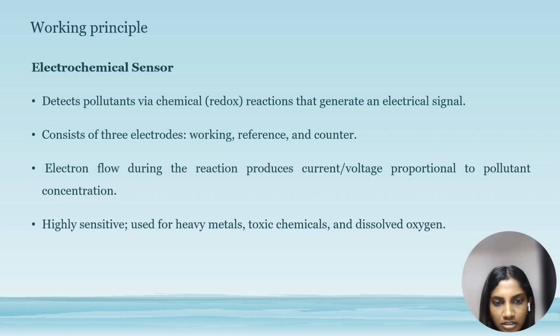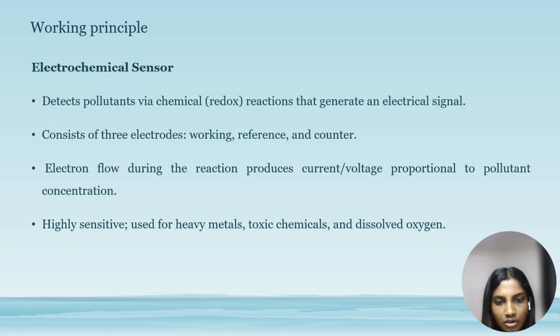During the chemical reaction, electrons flow between the electrodes, producing a current or voltage that is directly proportional to the concentration of the pollutant. These sensors are highly sensitive and are commonly used to detect heavy metal, toxic chemical, and dissolved oxygen in water.